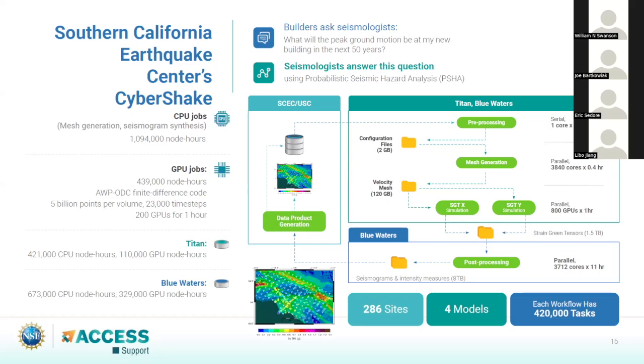What's interesting about this workflow is that it's a mix of serial jobs, parallel jobs, and GPU jobs. And so a major part of this is really how do we transform the graph? How do we group jobs? How do we cluster jobs to make them run on the resources that we're talking about here?